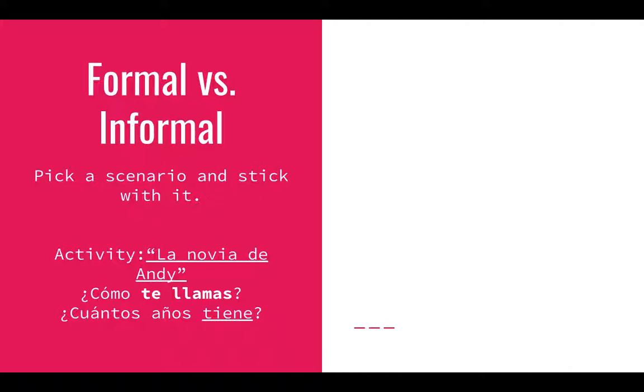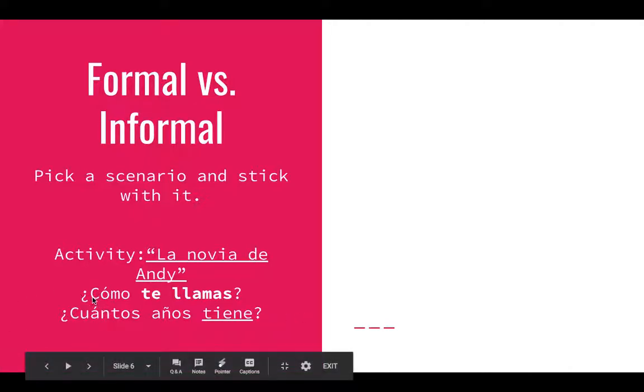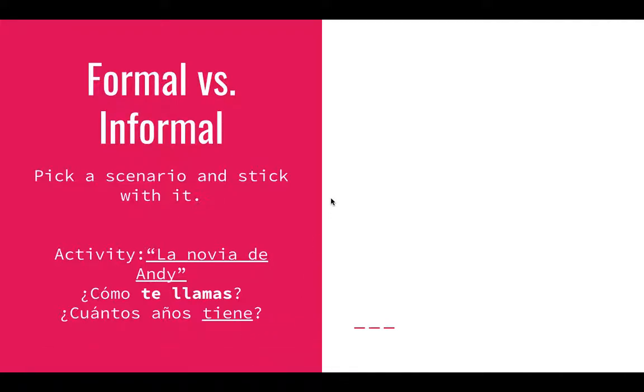And if it's informal, make sure that the conversation is all informal. Don't do something like this: ¿Cómo te llamas? being an informal approach, and then you say, oh, ¿cuántos años tiene? You change it into the usted form to make it formal. So formal or informal, it doesn't really matter at this particular point in an activity, but know that when you pick one, just stick to one.